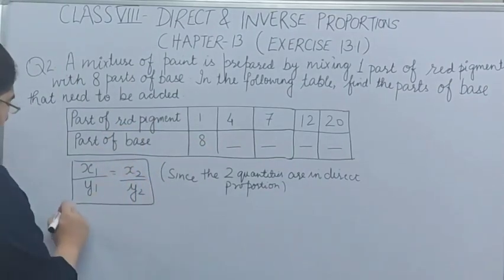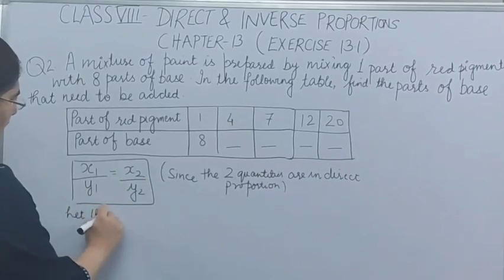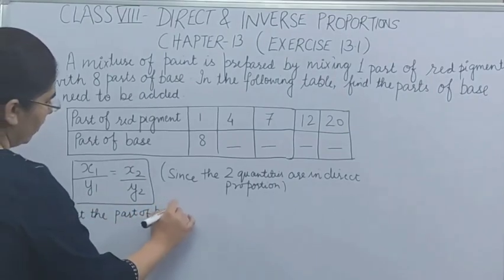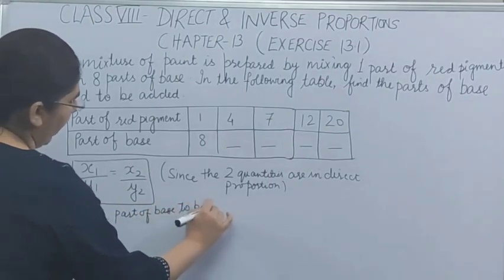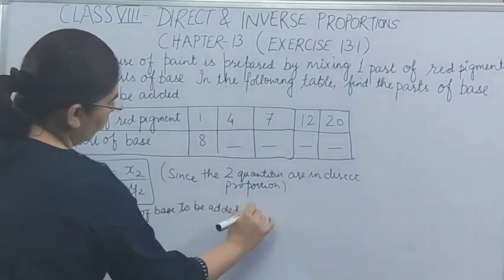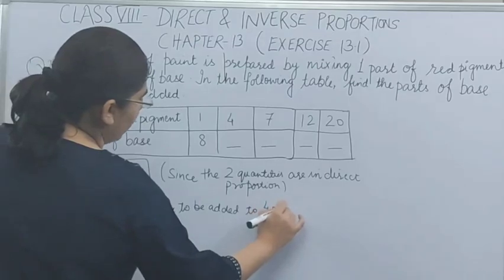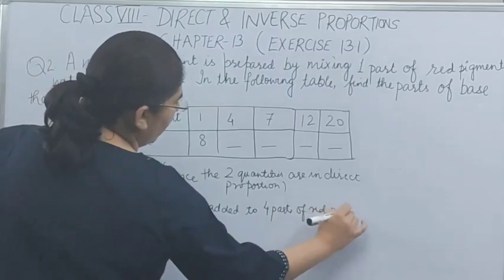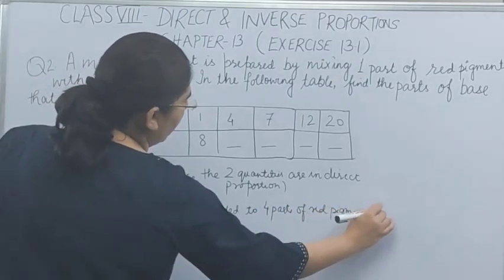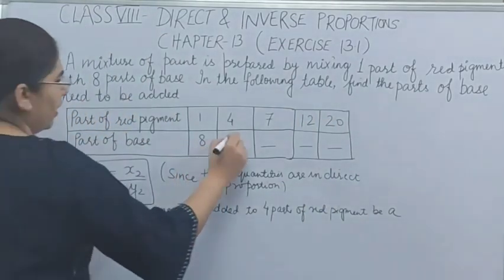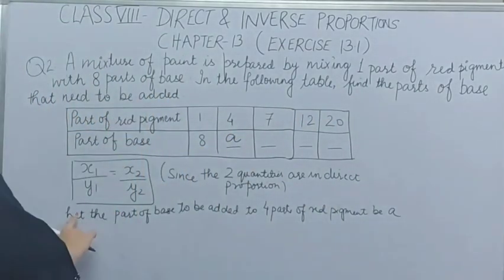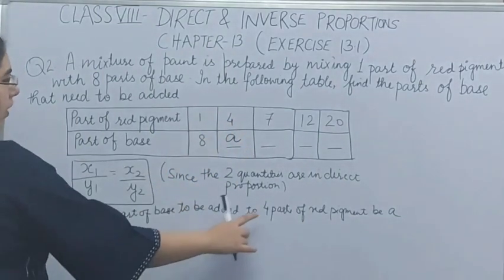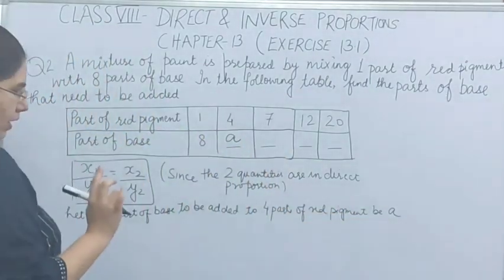Now, we let the part of base to be added to 4 parts of red pigment be A. Let us assume that this blank is A. So, the part of base which has to be added to 4 parts of red pigment, we let it be A, right.